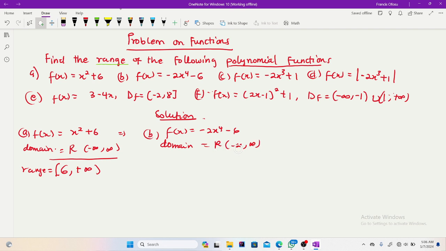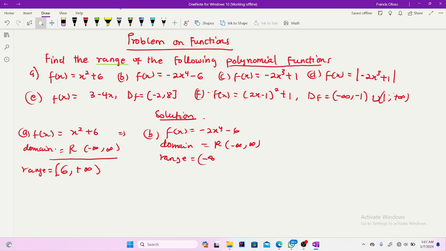Now, when I put negative infinity here, the power 4 will make it positive, but the negative sign will make it negative again. So the range will produce negative infinity as the output.